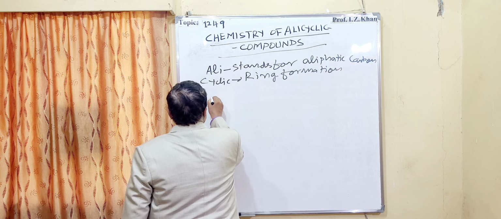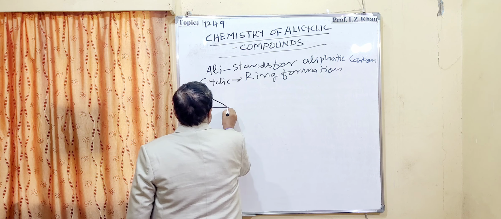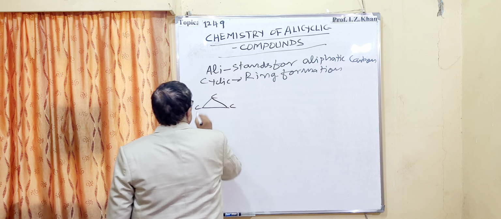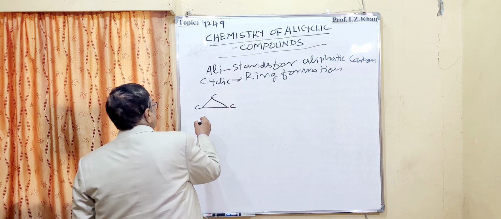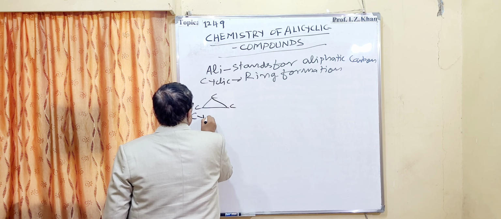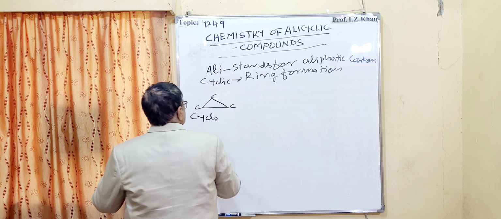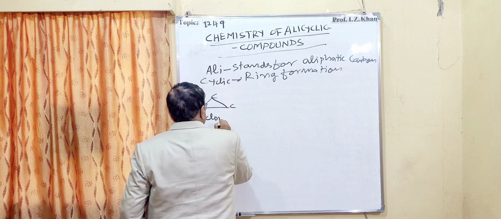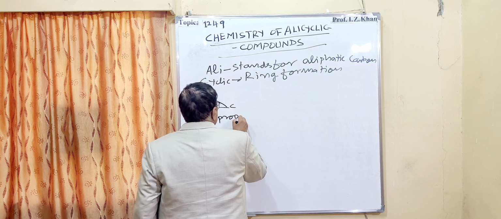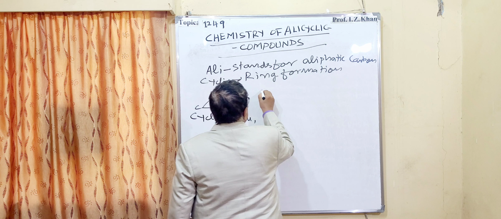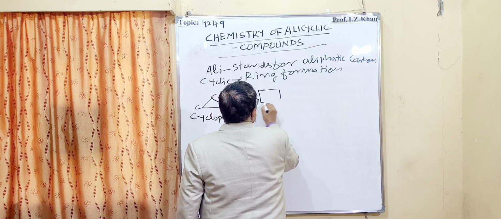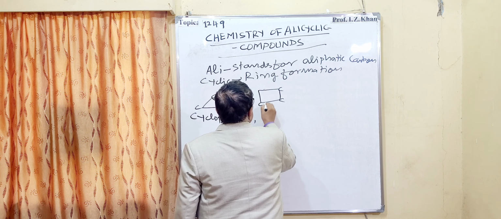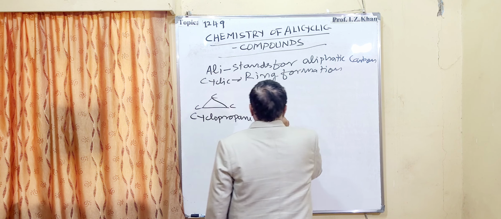For example, the smallest ring is like this, where 3 carbon atoms are there, and this is the smallest ring. It is called cyclopropane. And if in case there are 4 carbon and a ring formation is there, it is called cyclobutane.